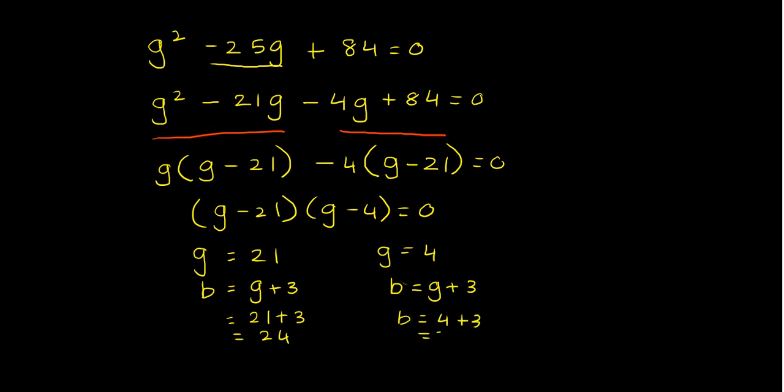We can't use the answer on the right hand side because there was a condition that the total number of pens was more than 12. If I add 4 and 7, I get 11. So the correct answer would be g equals 21 and b equals 24.